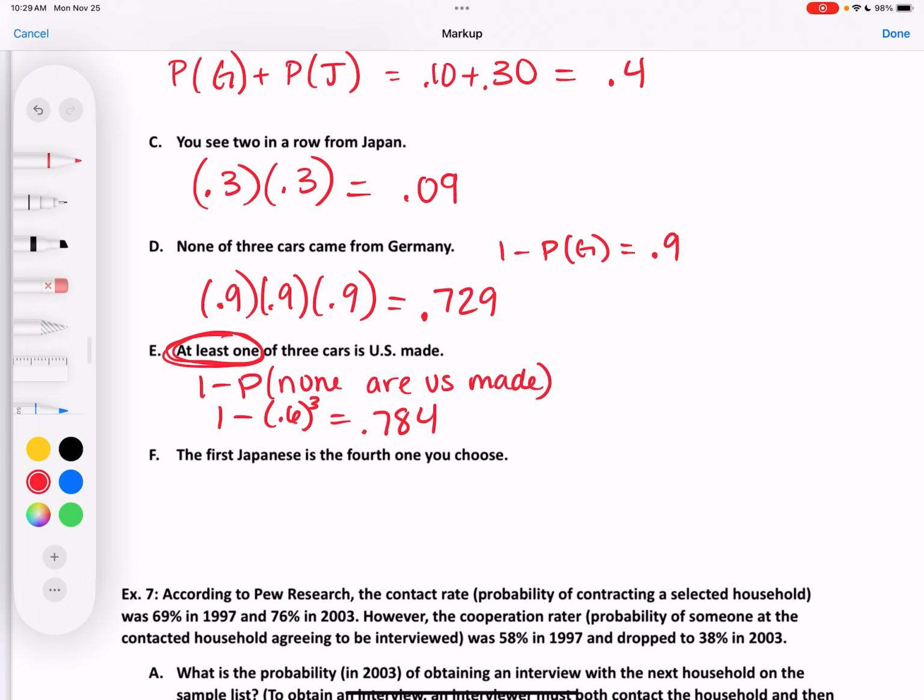So multiply the probabilities: 0.7 times 0.7 times 0.7, since the first 3 are not Japanese, and I know that the fourth one is Japanese, which is 0.3.